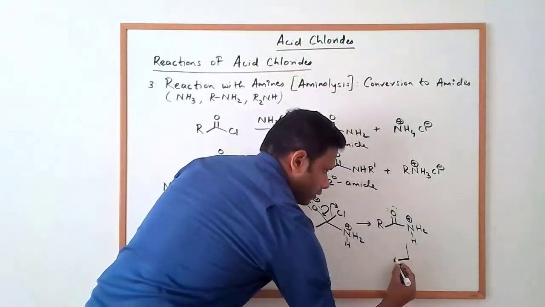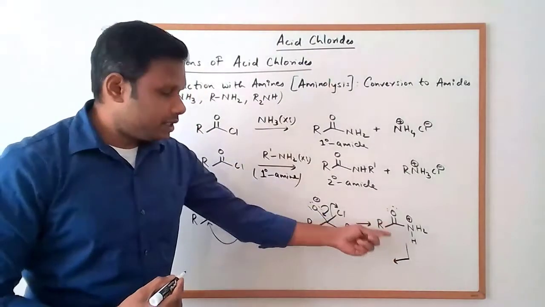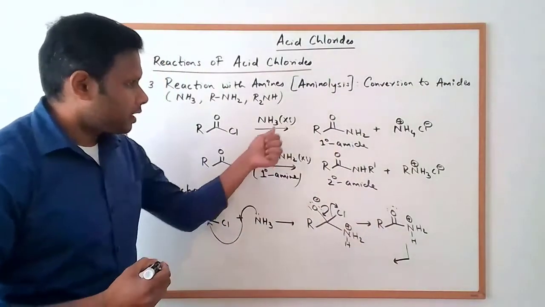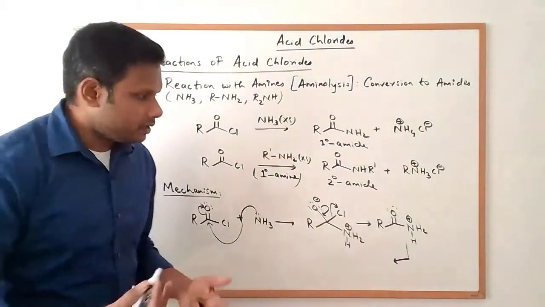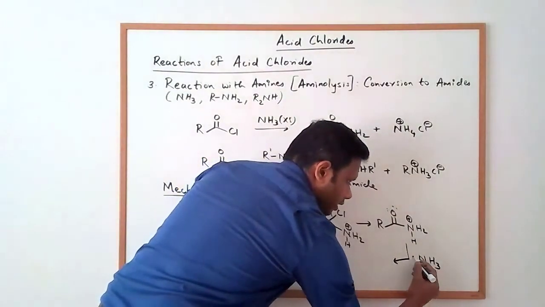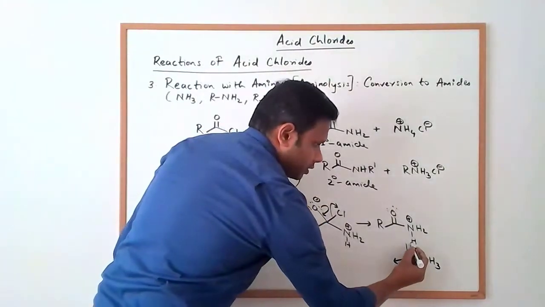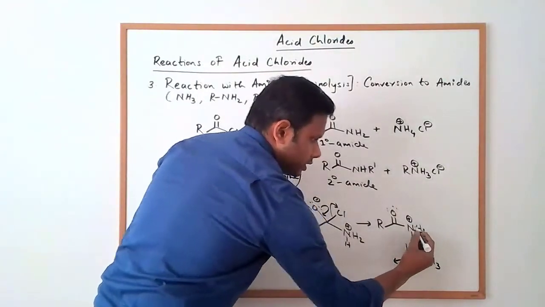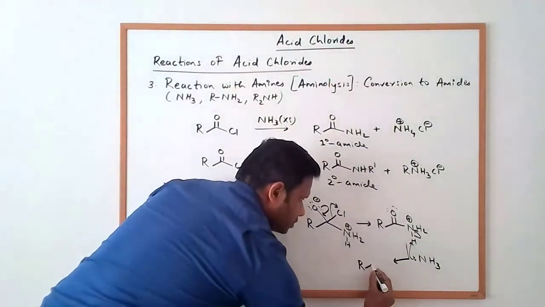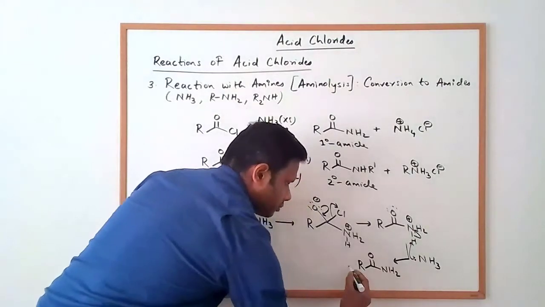And now, since this is protonated, we need a base to deprotonate it and convert it into the neutral amide. And since amines are good bases, we can just use an excess of the amine. So that's why when we have excess amine, the second molecule of ammonia or the amine can come in and deprotonate that amide to give us a primary amide as a product.